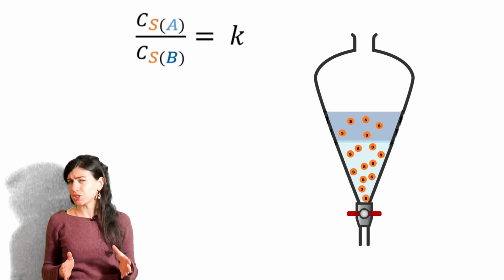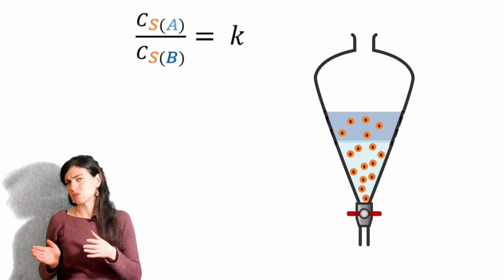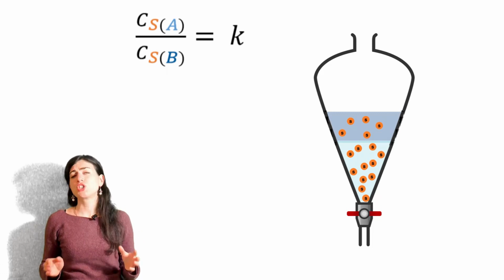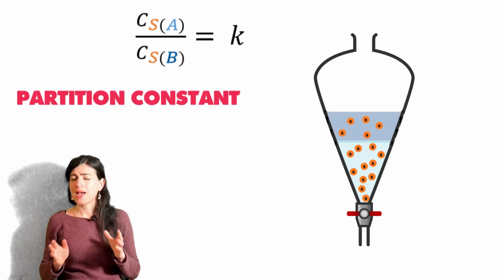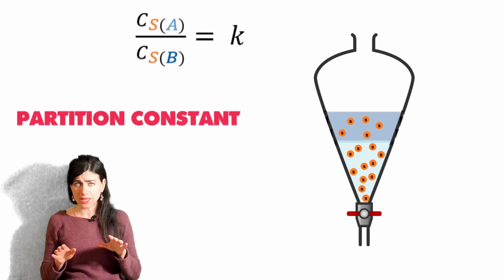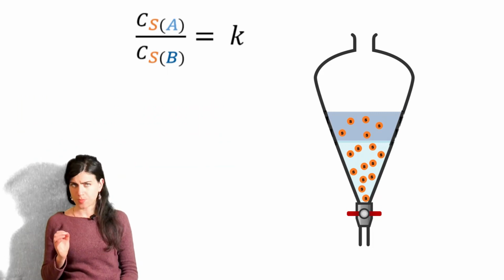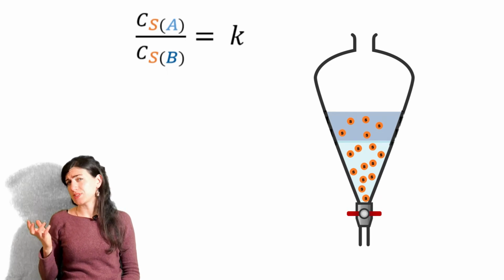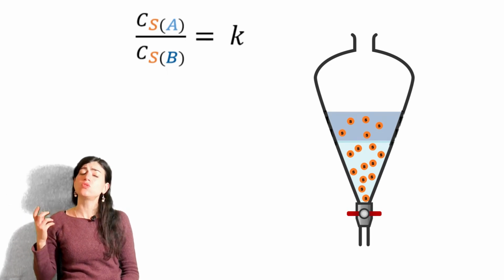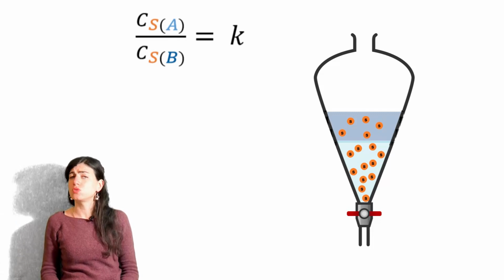As you can see, the ratio between these two concentrations equals K, which is the partition constant and depends solely on the temperature. So what happens? Our substance partially stays in liquid A and partially goes into liquid B according to this equation.